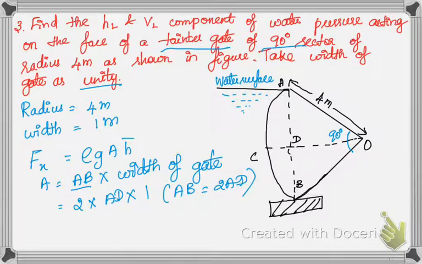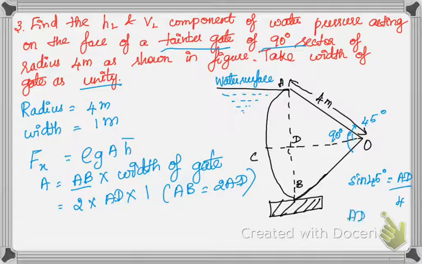Now we have to find the value of AD. If the complete angle is 90 degree, then this angle will be 45 degree. So my AD I get by taking sine 45. Sine 45 is opposite side by hypotenuse, which is AD by hypotenuse, and the hypotenuse value is 4.